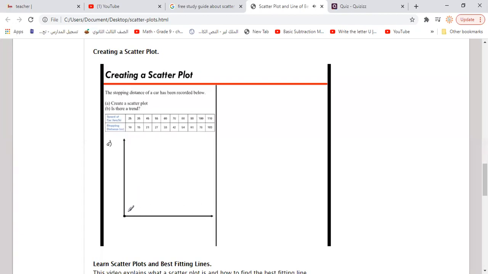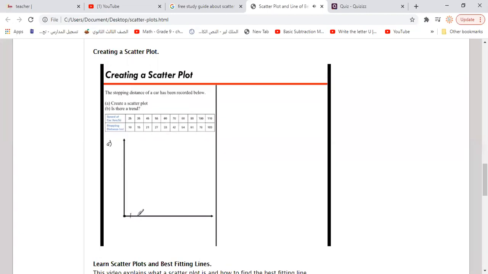Now, we need to figure out how many intervals to make on the X-axis. If you look at these numbers, they range from 20 up to 110, and they seem to go up roughly 10 every time. So I'm going to divide the X-axis up into 10 sections, and I'll try to make each section equal.